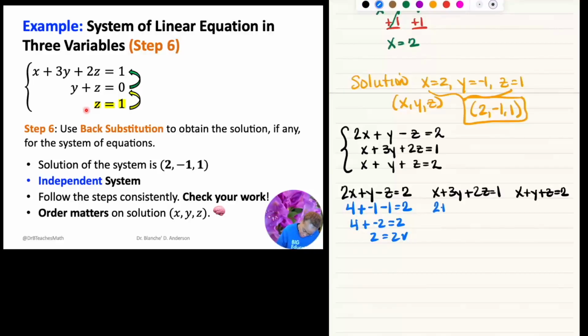So I have 2 plus 3 times -1 plus 2 times 1. But -3 plus 2 equals -1, so 2 minus 1 equals 1, right? 1 equals 1. That's good. And then 2, -1, 1 in the last equation: 2 minus 1 plus 1 equals 2. 2 equals 2. So it checks. Make sense? Cool beans. All right.